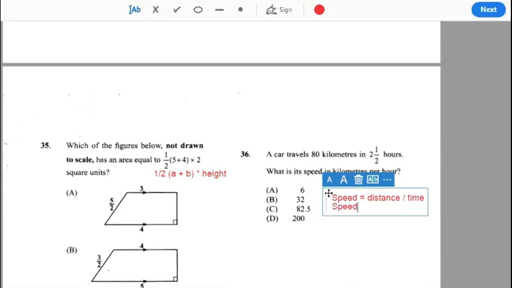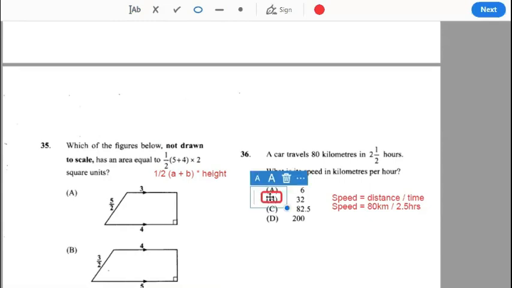So speed is equal to 80 kilometers divided by a time of 2.5 hours, and our answer is 32 kilometers per hour.